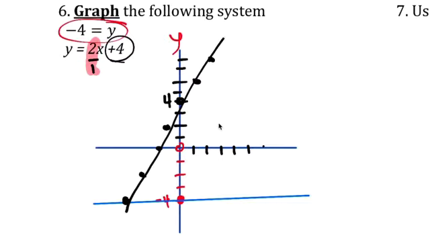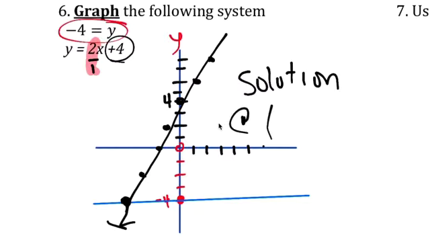So, as you can see, here is the solution. The solution is where the two lines meet at 1, 2, 3, 4, negative 4, negative 4.